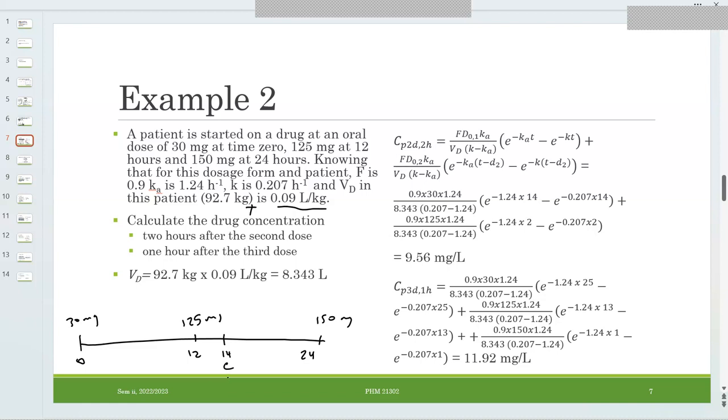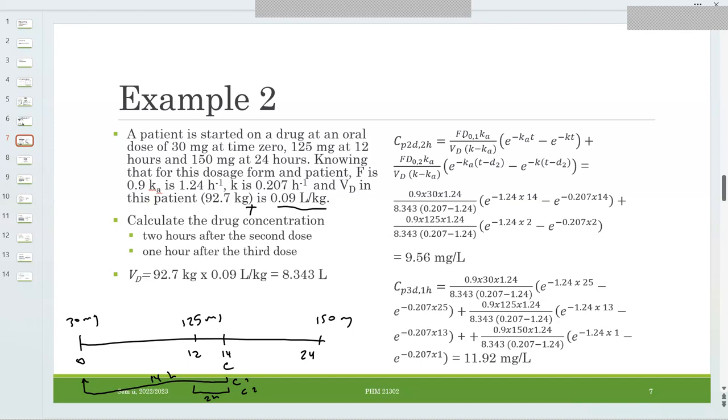They want the concentration. It will be equal to concentration from 14 hours after first dose plus concentration 2 hours after the second dose. So we use this equation, the same, and then we replace the same values for F, Vd, K, and Ka.